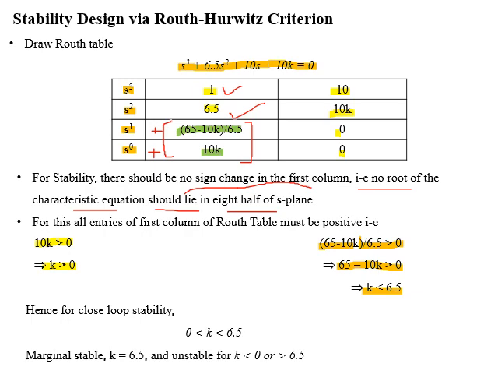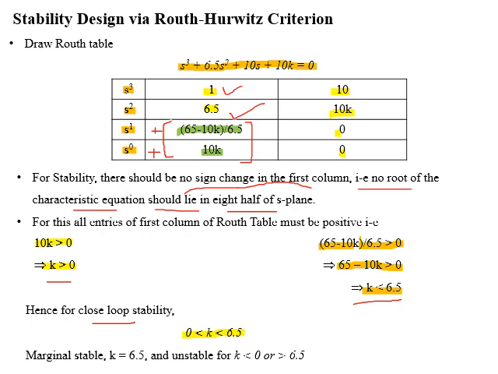Now from these both two ranges, which is k is greater than 0 and k is less than 6.5, the range of values for which system will be stable is the intersection of these both ranges.